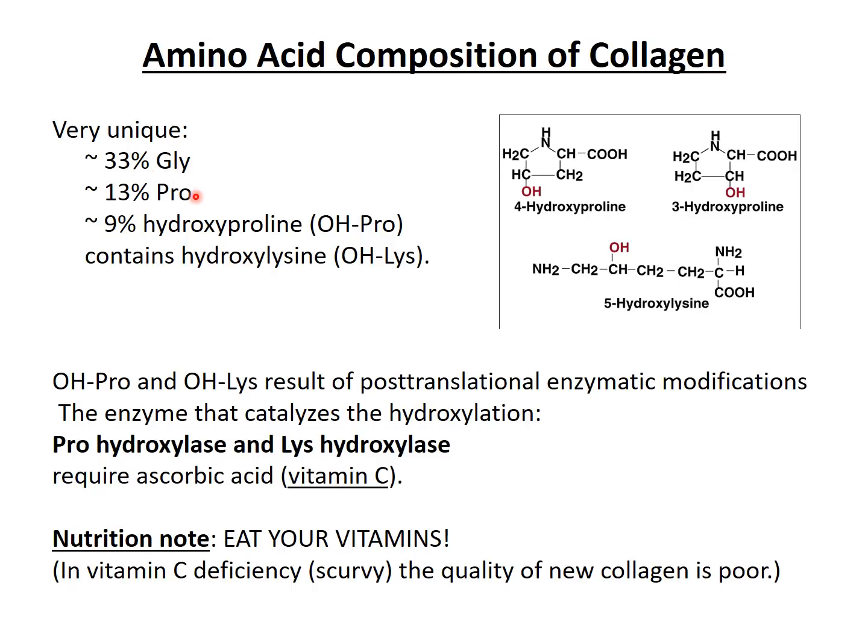Proline is also very abundant, about 13% of the total amino acids, and about 9% are modified prolines. Modified proline means hydroxylated in different positions, and lysine is also hydroxylated. Those are post-translational modifications, because hydroxyproline and hydroxylysine are not part of the 20 basic amino acids that build the structure of every protein.